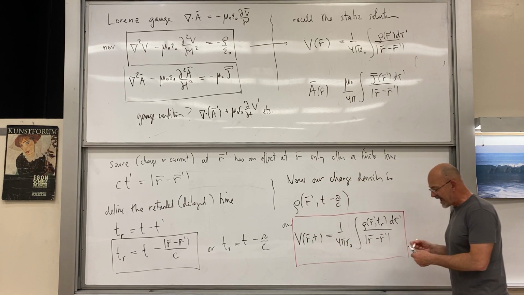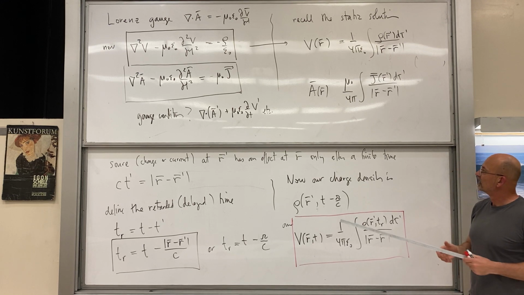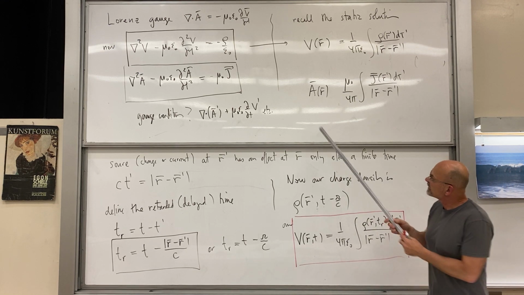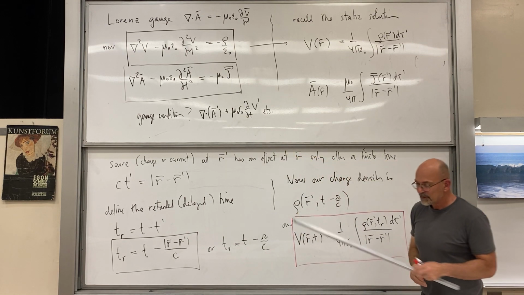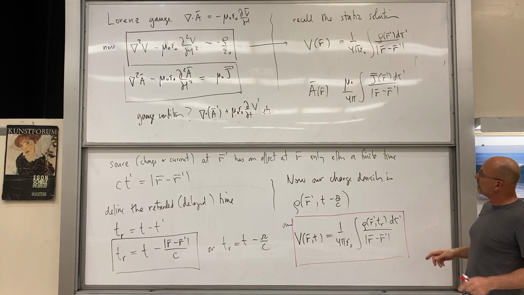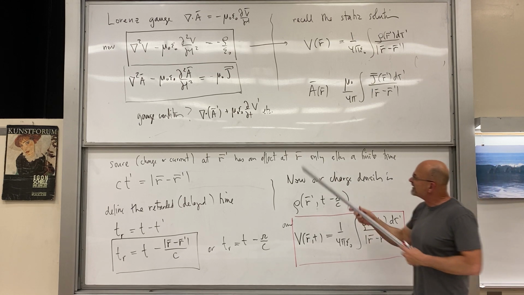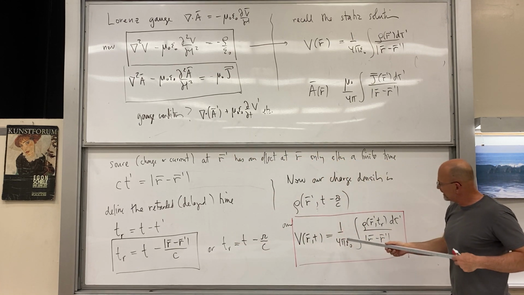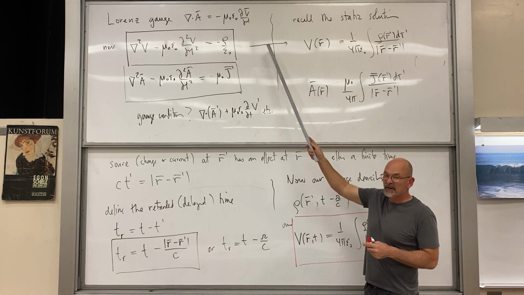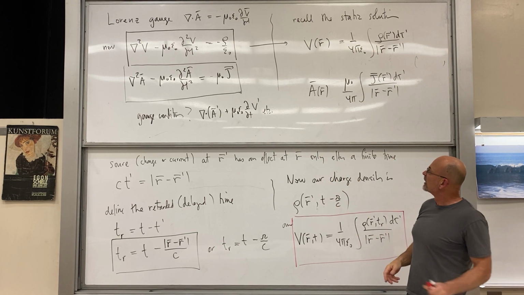So here's what our task is. We have to prove that this is a solution to this differential equation. And what's going to happen is the following. We're just going to do the del squared of V and show that it equals everything on the right side of that equation. So let me go ahead and write that down.